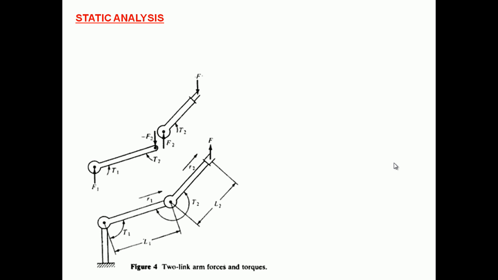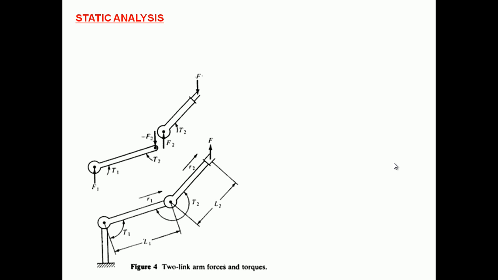F1 is acting on link 1 at the origin, and F2 is acting on link 2, and the final value is F. If I nullify the values, then only it is called static analysis.